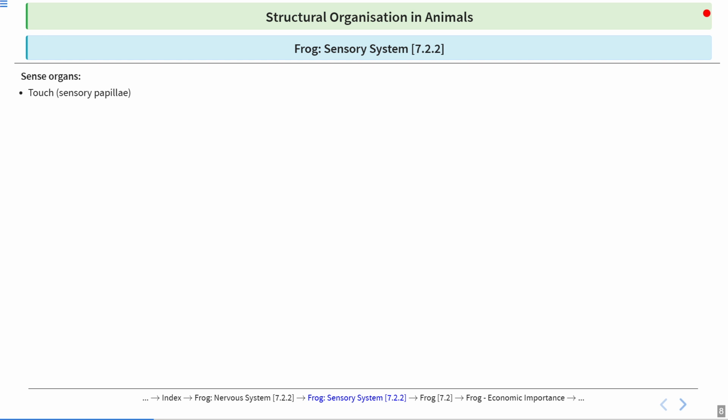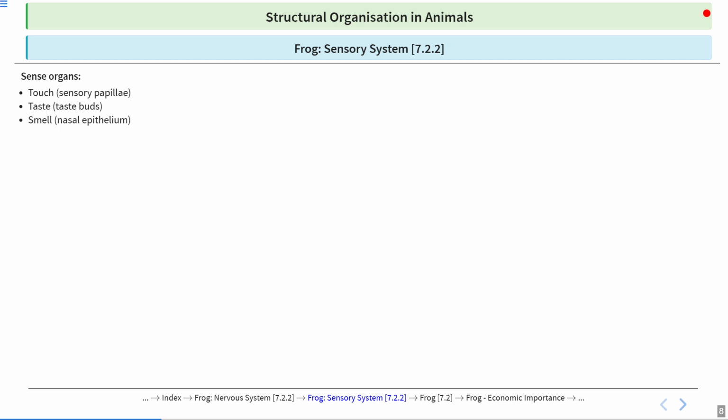Now sense organs, because the sense organs are also part of the nervous system. So for touch they have sensory papillae on the skin. There are some sensory papillae of the skin that can sense touch. They have taste buds for taste. Smell, nasal epithelium.